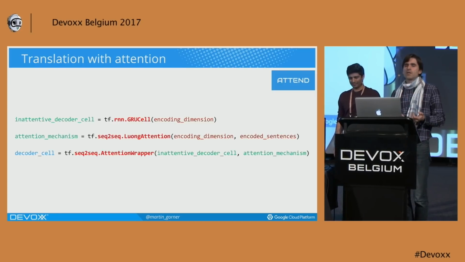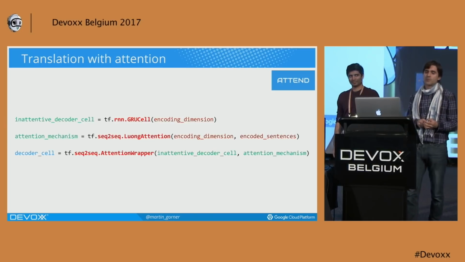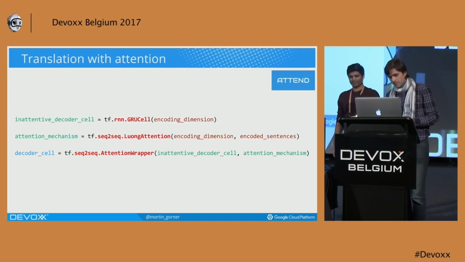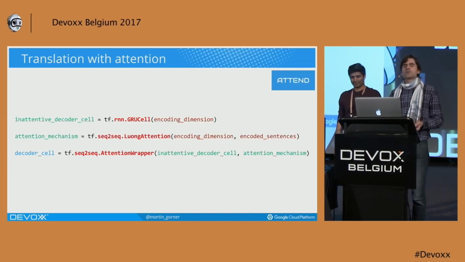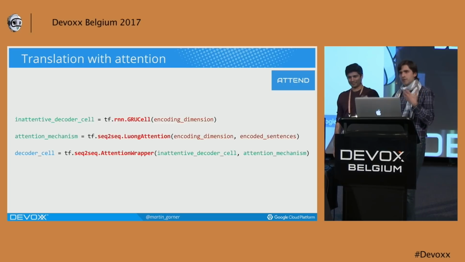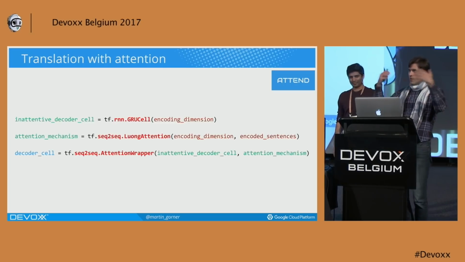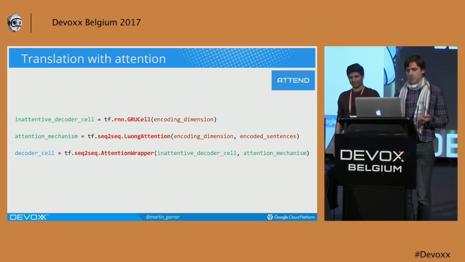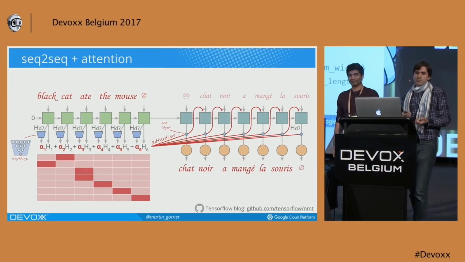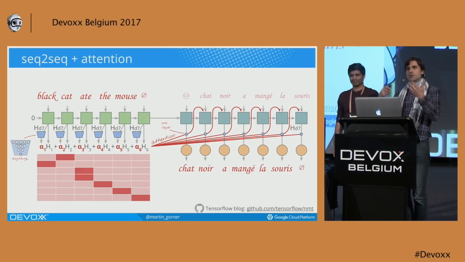What we are sharing here with you was published in a blog post from Google Brain. And they built the sequence-to-sequence API to be able to experiment very easily with different architectures of recurrent neural networks. And so you have seen a couple of them, one for detecting toxic comments, one for translating.